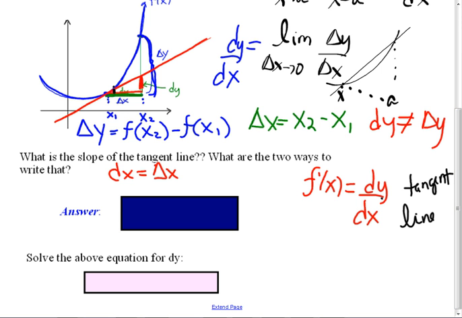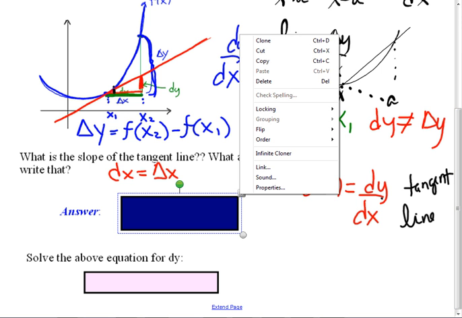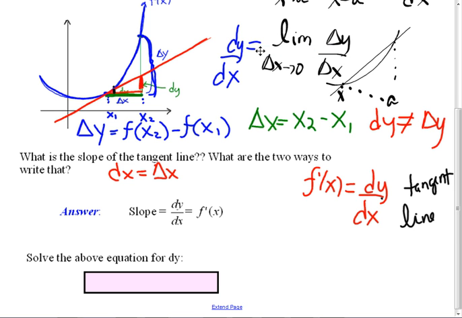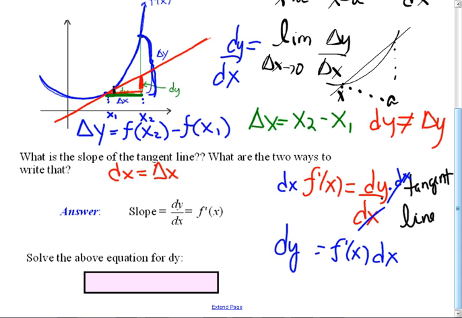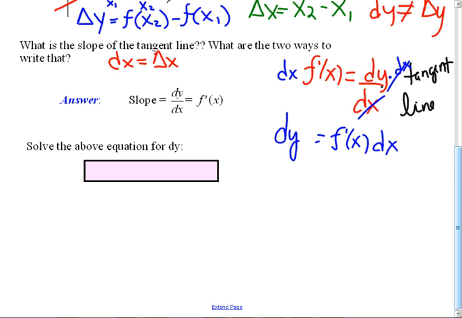By the way, that's the first box here. dy dx equals f prime of x. Could I solve for just dy if I think of it just as a number? What would I do? Multiply by what? dx, right? So dy, because the dx's cancel here, is equal to f prime of x times dx. That is called differential form.